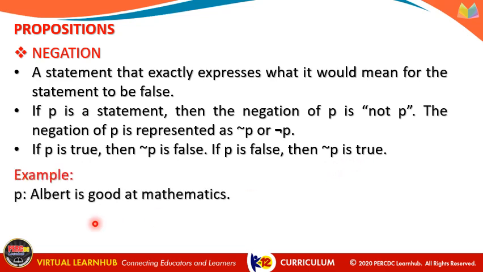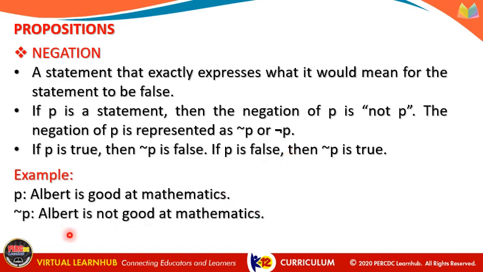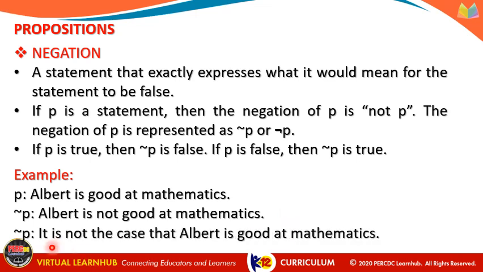Let's say the original proposition, P, is Albert is good at mathematics. Now, if you want to get the negation, then you can do this one. Albert is not good at mathematics. So just place the word not. If you do not want this, you can also do this. This is also possible. It is not the case that Albert is good at mathematics.